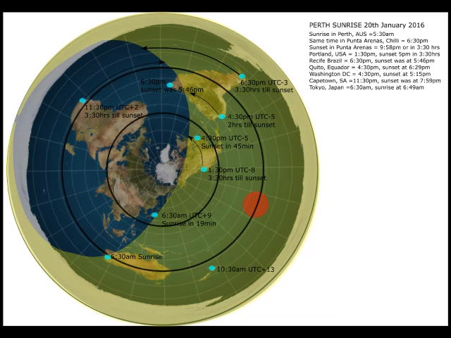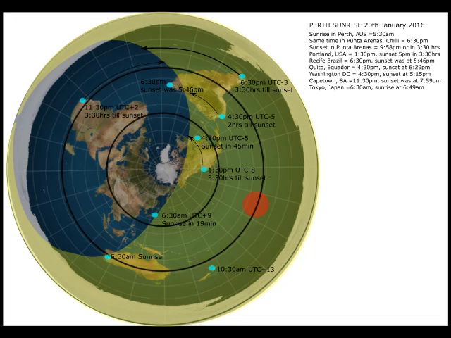Now, in the last program, we did talk about the Flat Earth map. We talked about how it is correct in that when light comes along, there's the same amount of time between city to city in each country. So the proportions are correct according to the constant that we know of as light.